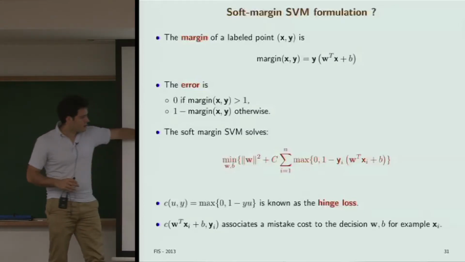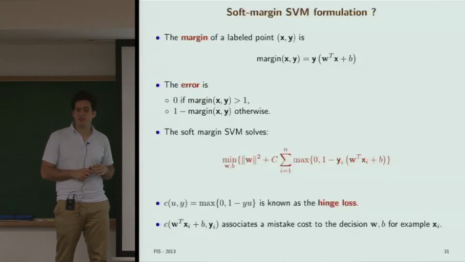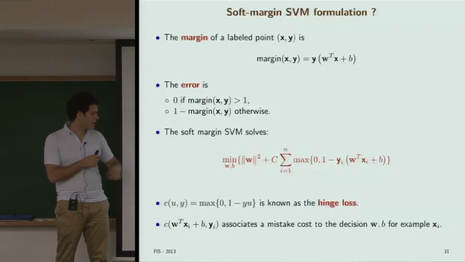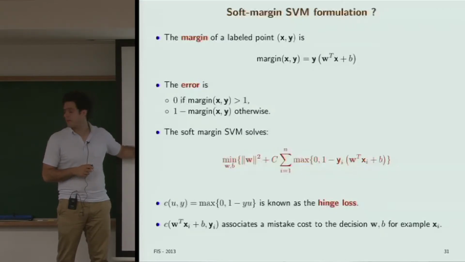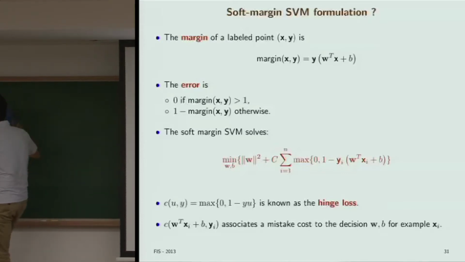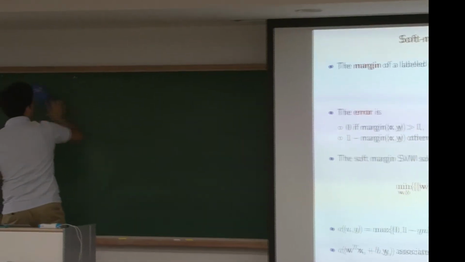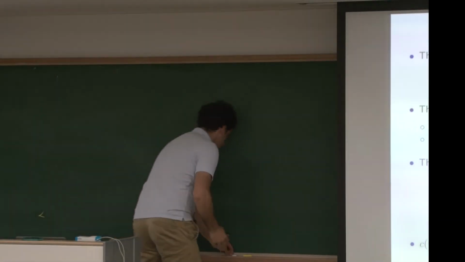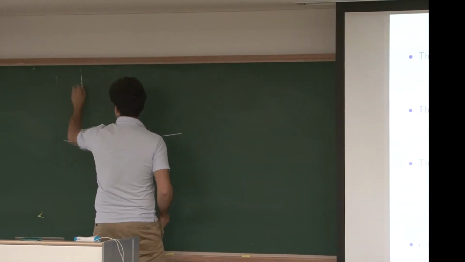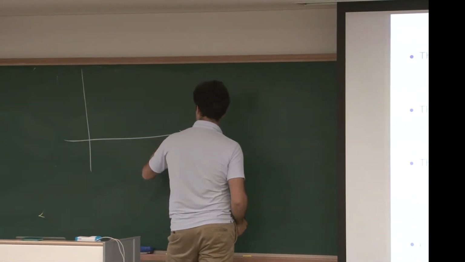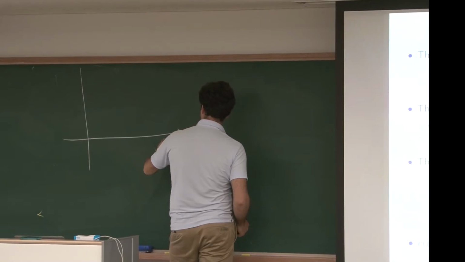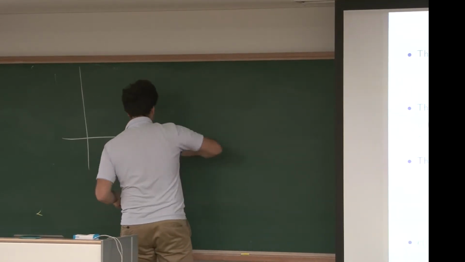So here is one interesting quantification of the error in terms of the margin. We're going to say that the error made by, okay, I'm going to write it, margin.